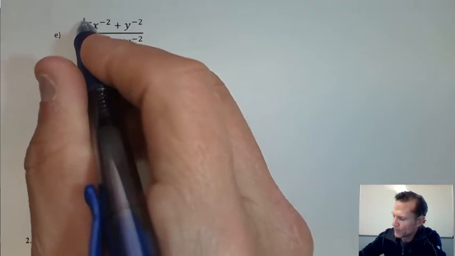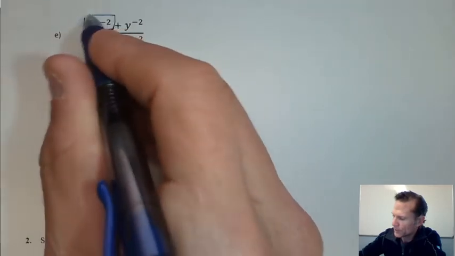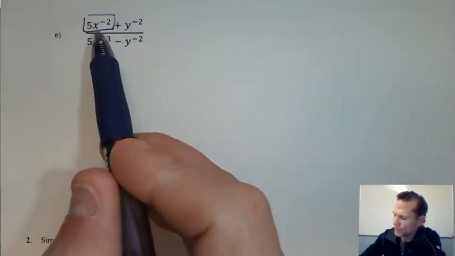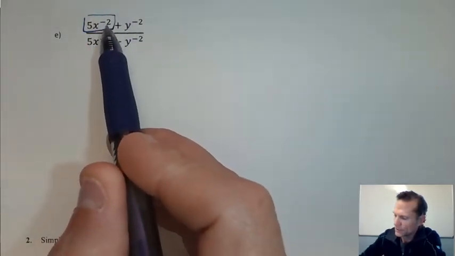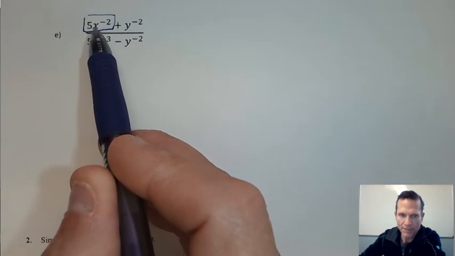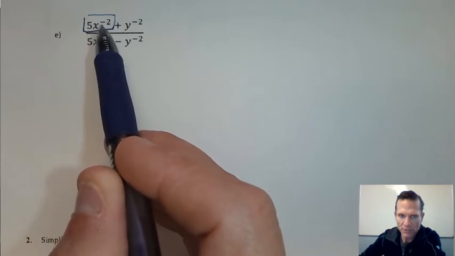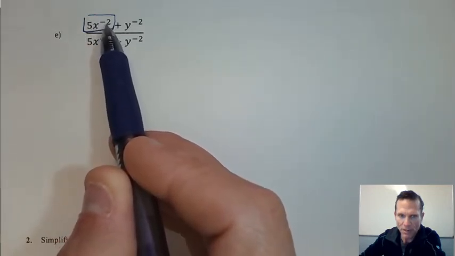What we do have to remember is what this can look like if we use our negative exponent rule. If you look at this, the x is to the negative 2 power. The 5 is not tied in a parenthesis with that x, so it's just the x that's to the negative 2 power here.